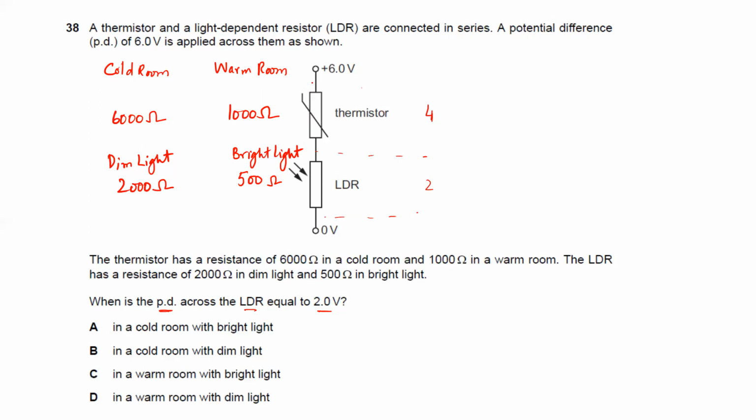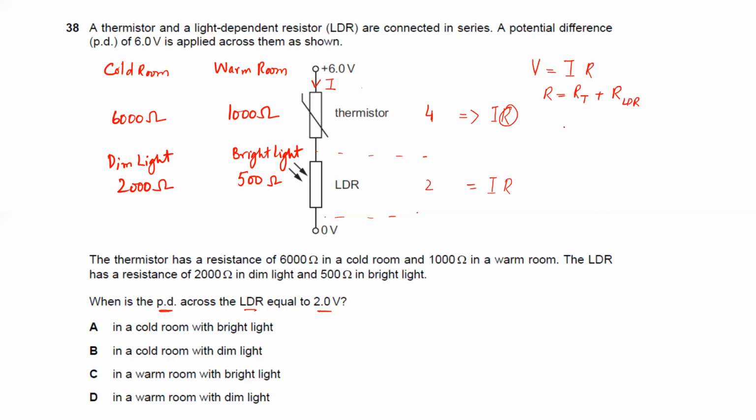So again, the current would remain the same in the circuit, and voltage will be equal to I into R of this device. So technically, if I have to write the formula, V equals I R, and R is basically R thermistor plus R LDR.